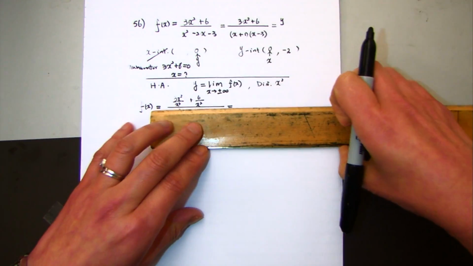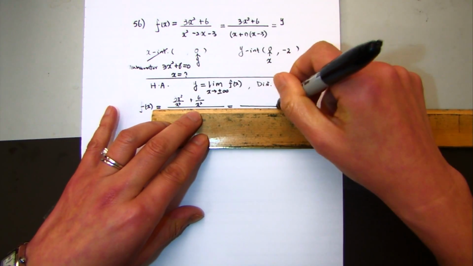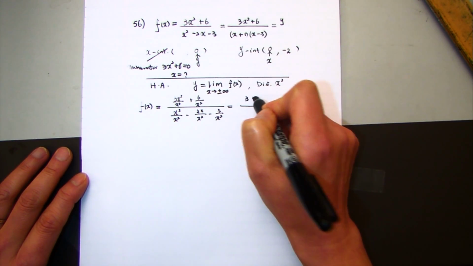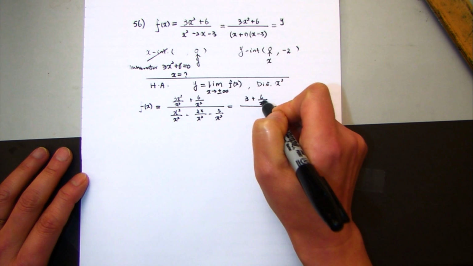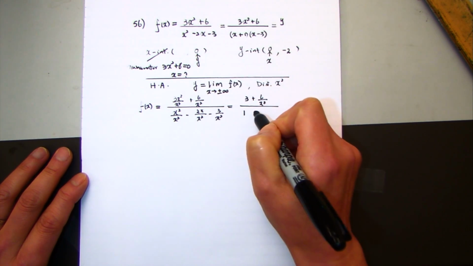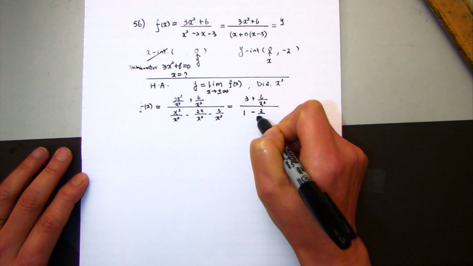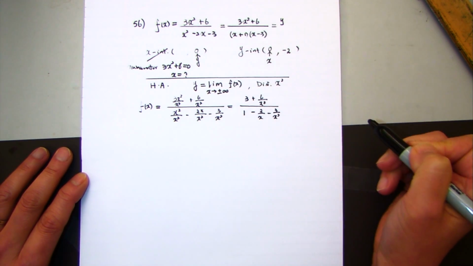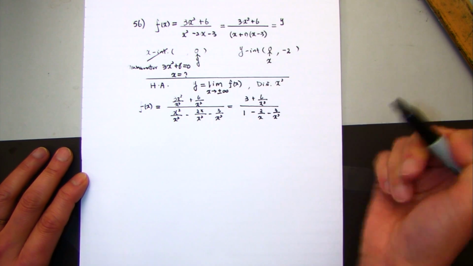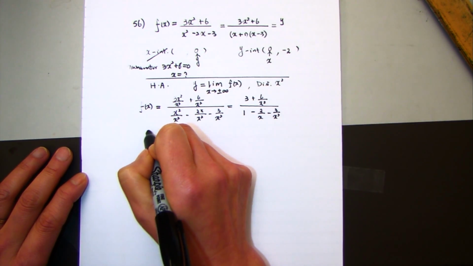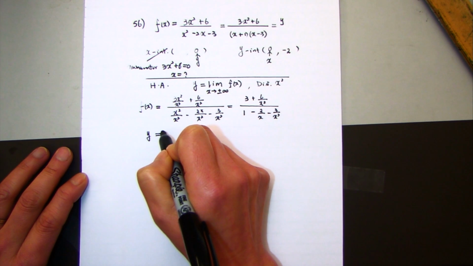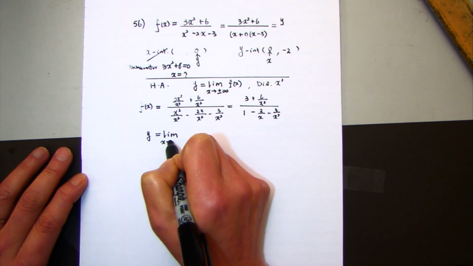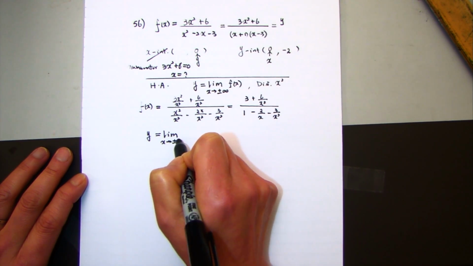Let's reduce. All right, now we take the limit. We would like to know what value y is going to approach when x goes to either far right or far left.